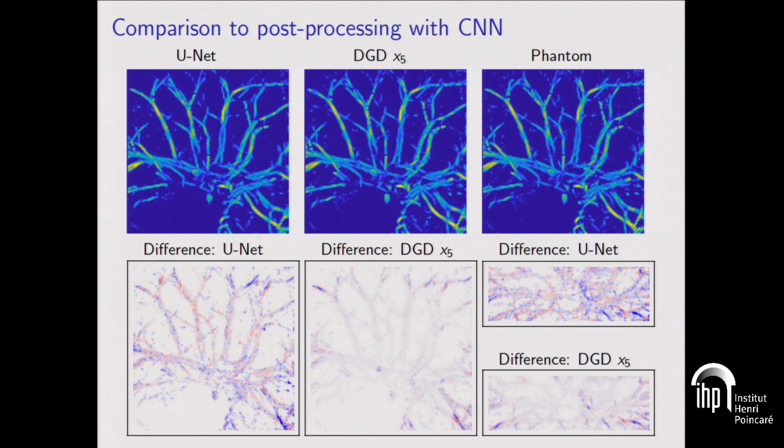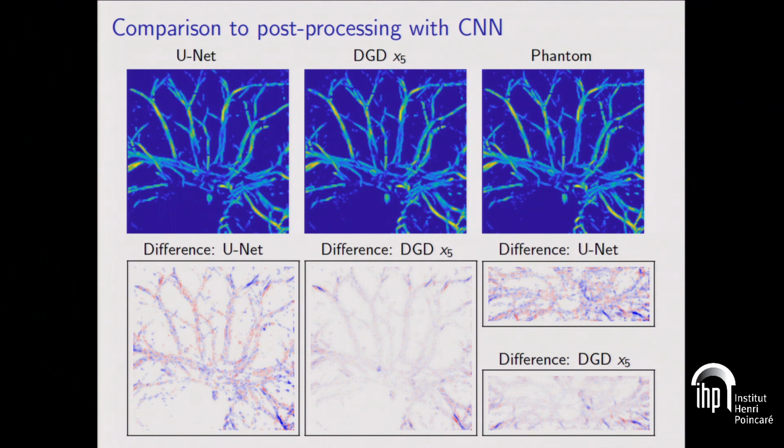And then we compared it, of course, to the application of the UNet, which is the post-processing. The network that is employed here is very simple. I do not have time to talk about this, but it's nothing special, just convolution with really small filters, and it doesn't have the U architecture, but it has a skip connection.